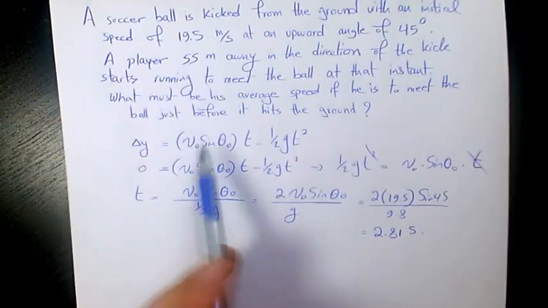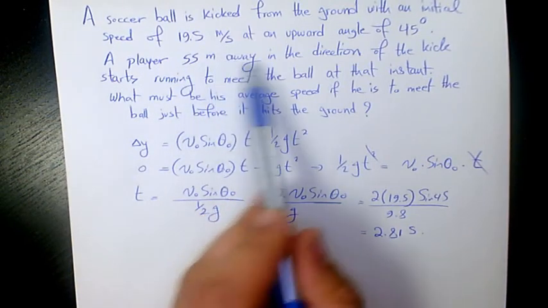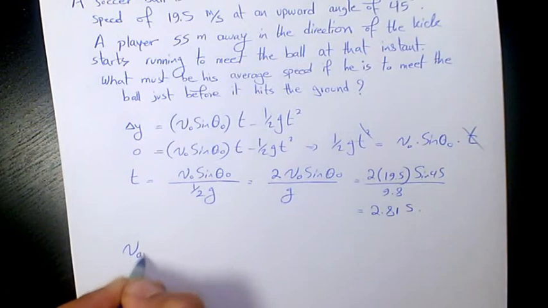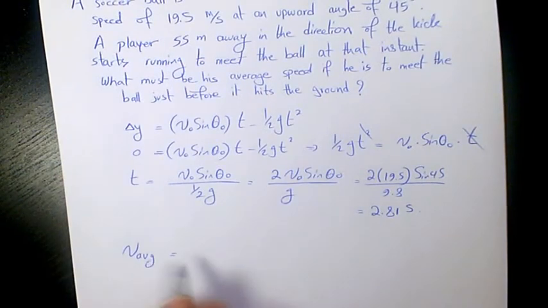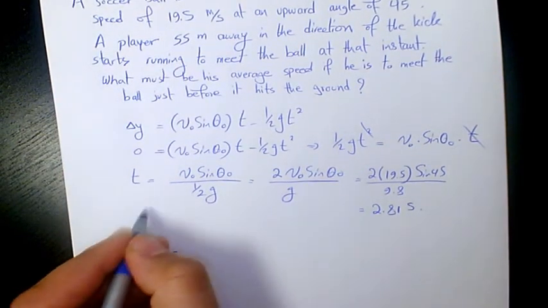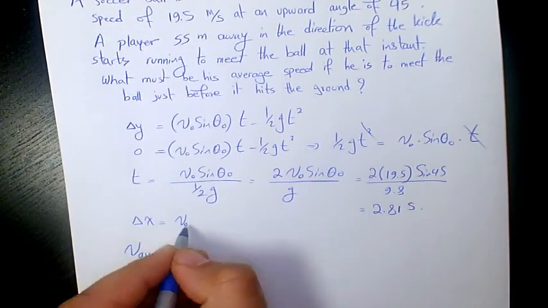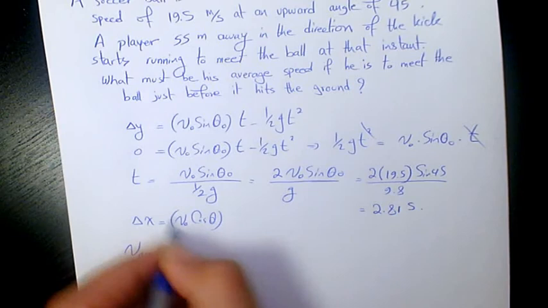Now the distance: it says a player 55 meters away in the direction of the kick. So we can say V average will be, first of all, delta x equals V naught cosine theta times t.